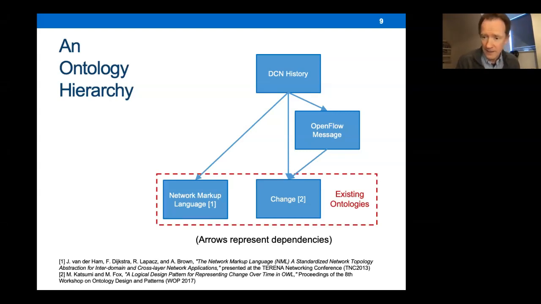And that allows us to represent changes to instances of concepts over time. So a DCN switch is a concept, but a specific DCN switch might be an instance of a concept.